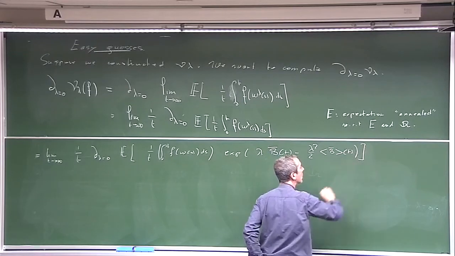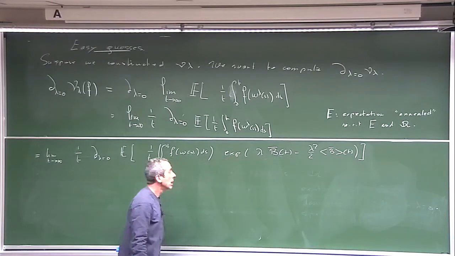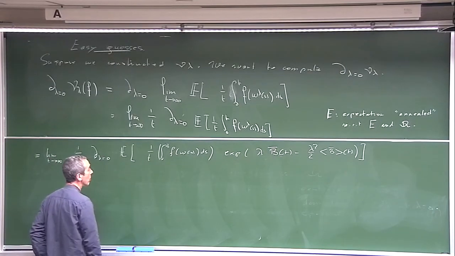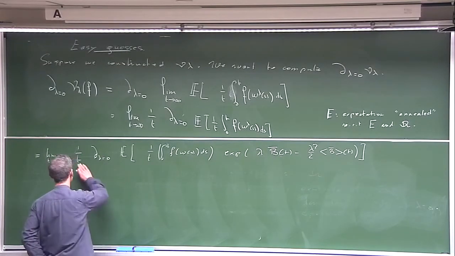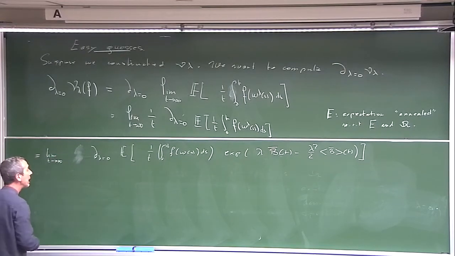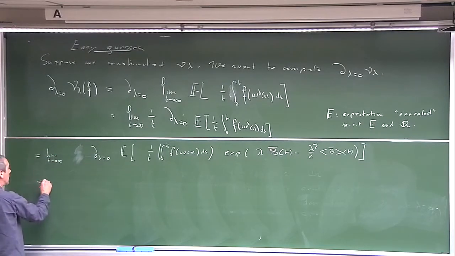You are dividing the quantity by t twice in the formula. That's right. So I should erase one of these. Okay, thank you.